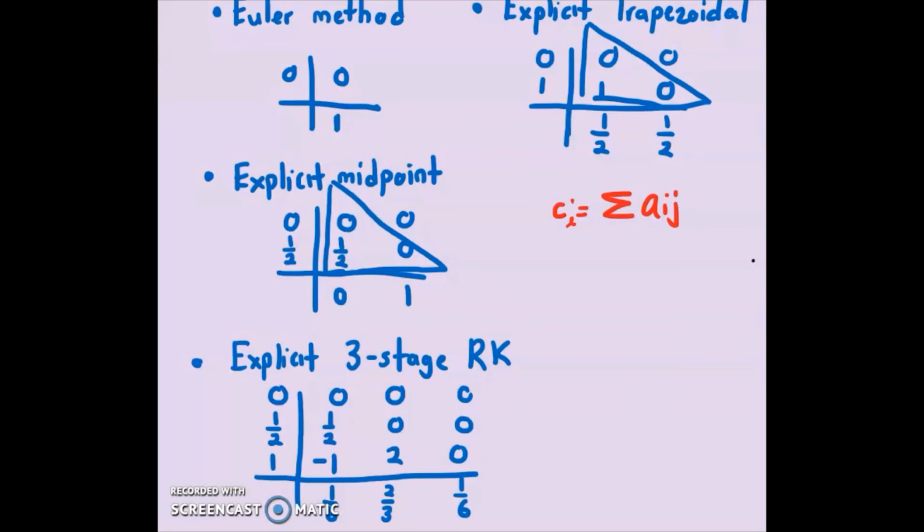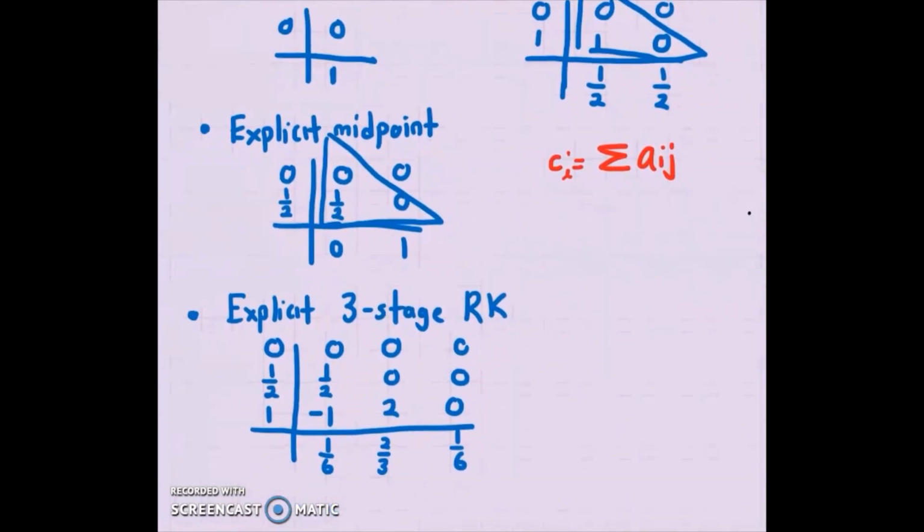Now B here, look at the addition for B1 and B2. So the summation for my Bi is equal to 1. Okay, half plus half, 1. 0 plus 1, 1. 1/6 plus 2/3 plus 1/6 equals 1. Now this is not always the case.